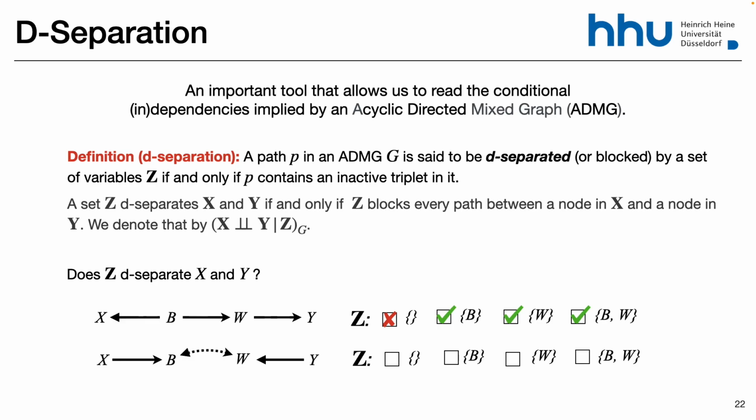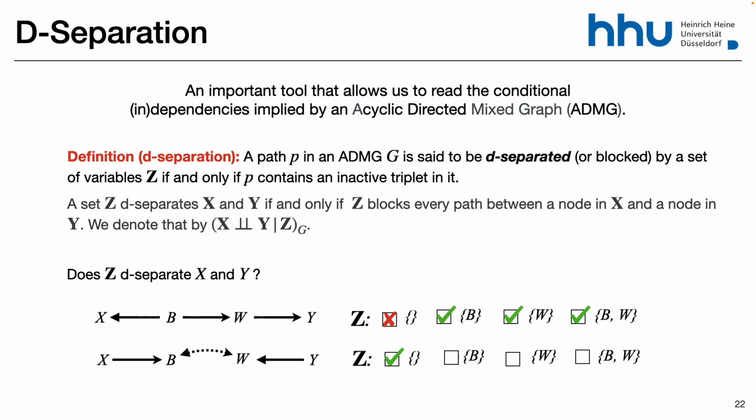I'm not conditioning on B. Sorry, I was talking here. So I'm not conditioning on anything. So this triplet is inactive. Similar with the second. So the empty set makes X and Y d-separated.